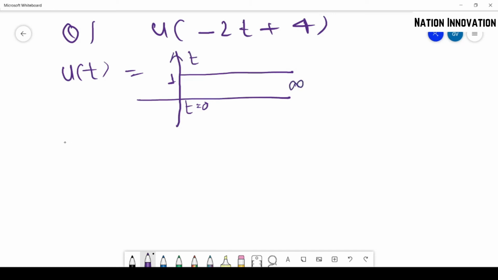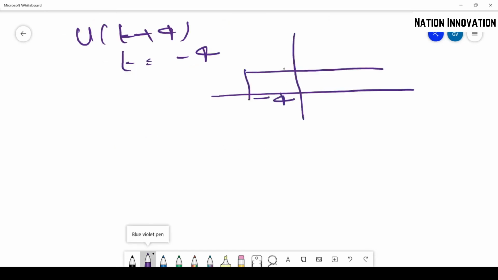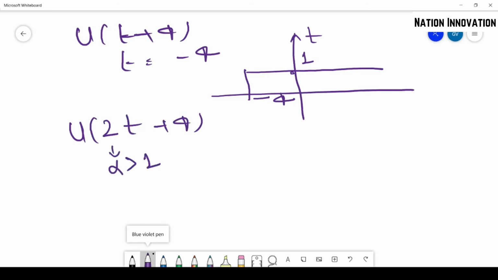First, we'll perform u of t plus 4, which will be at minus 4, and its amplitude will be 1. Now we have to perform u of 2t plus 4. This will act as alpha greater than 1, so this minus 4 will be divided by 2.